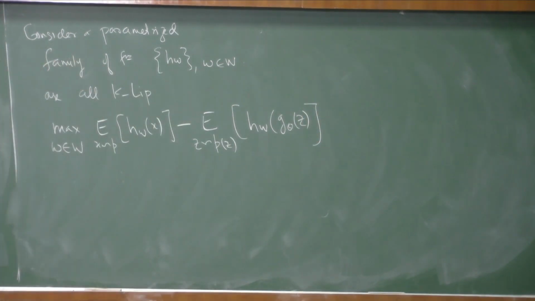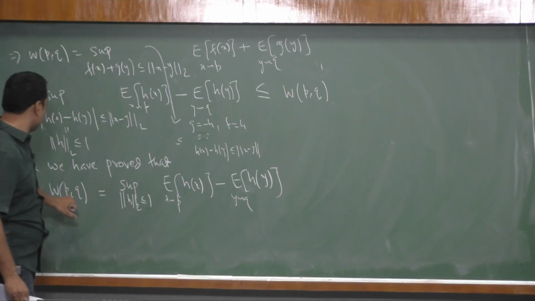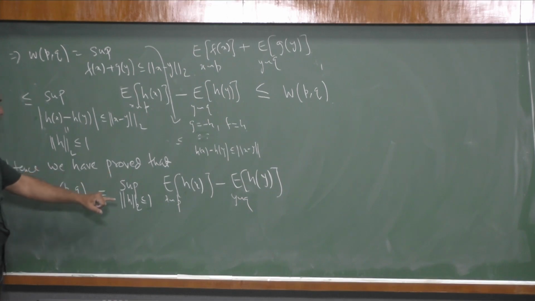As you can see, for H we have chosen some parameterized functions, and once you choose a parameterization, you may not have this equality, because those parameterized networks are a subset of the original class.